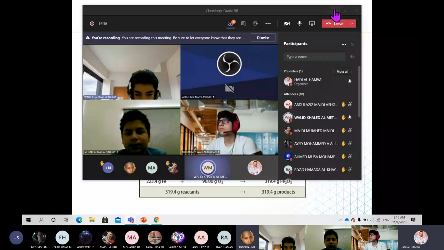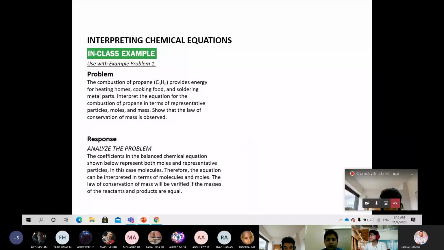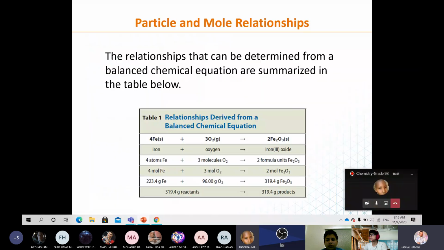Can you go back to the page, please? This one? Yes. How did you know that we have 4 atoms of iron, but we have 3 molecules? Why not 3 atoms? Because O2 is a molecule. If I said O, it is an atom.